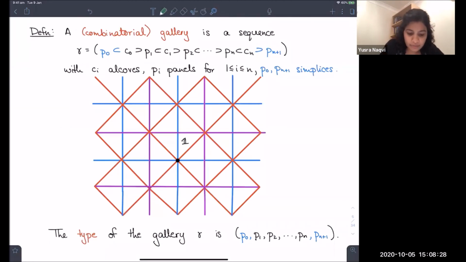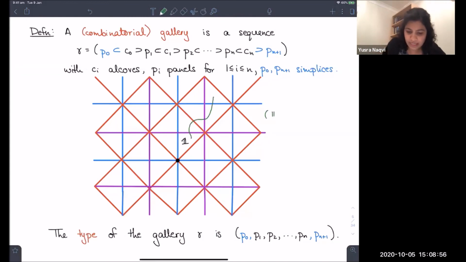So the way I think about a panel is I start someplace and travel outwards. And so it's a gallery because I can think of this as walking through the alcoves. And I'm going to keep recording what kinds of panels I cross and what kinds of chambers I end back up in.